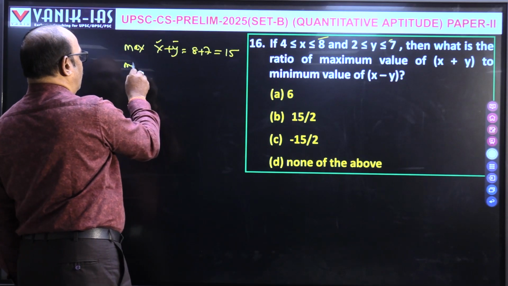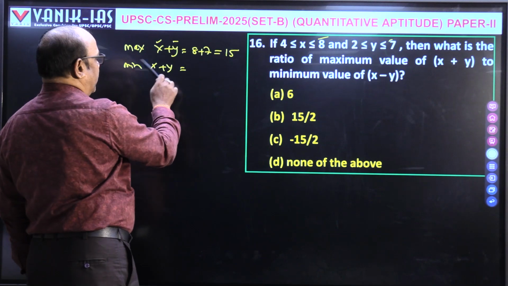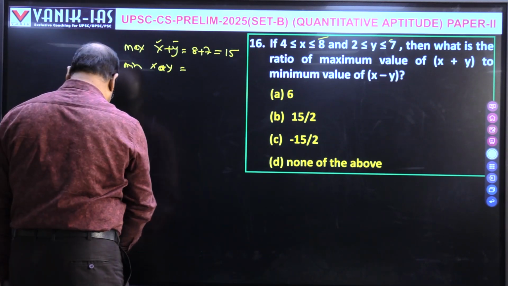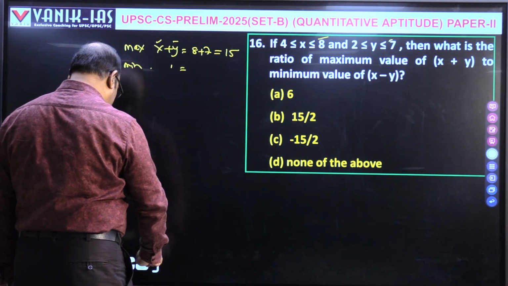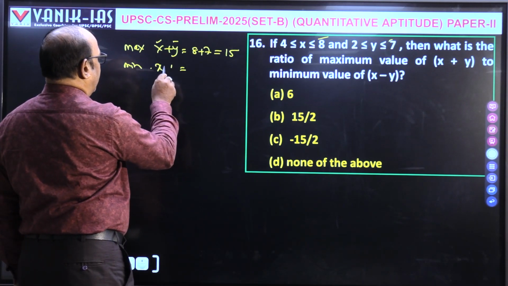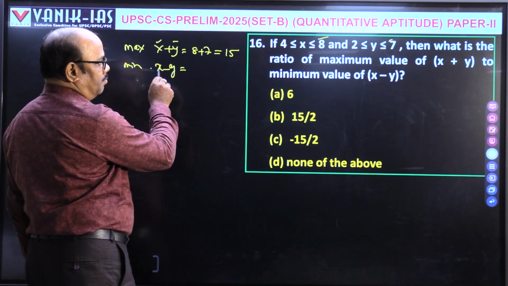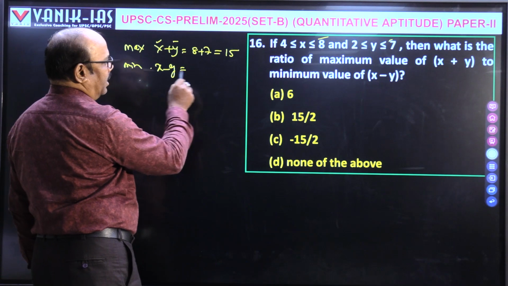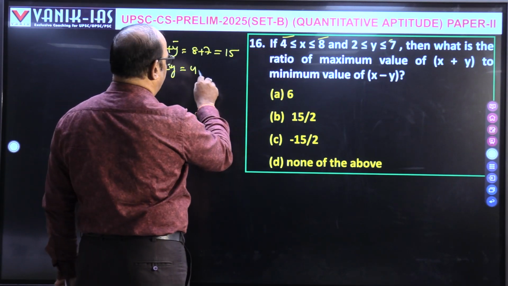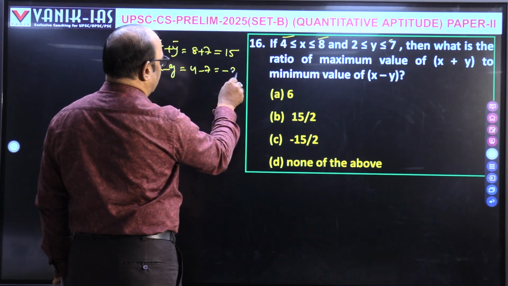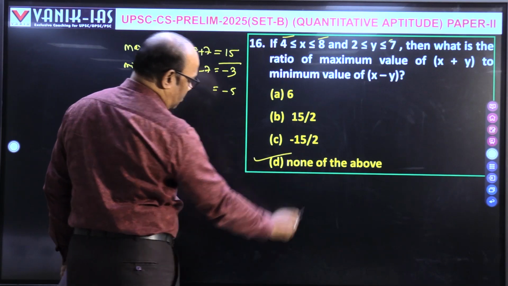And the minimum value of x minus y is the minimum value of x minus the maximum value of y. So the minimum value of x is 4, the maximum value of y is 7, 4 minus 7 becomes minus 3. So the ratio becomes minus 5. The answer is not there. The option is D.